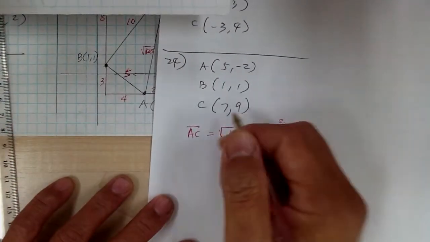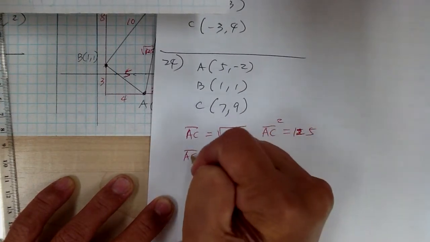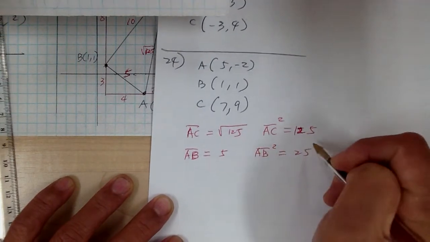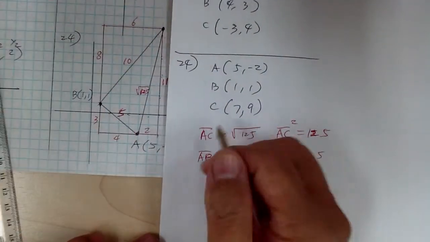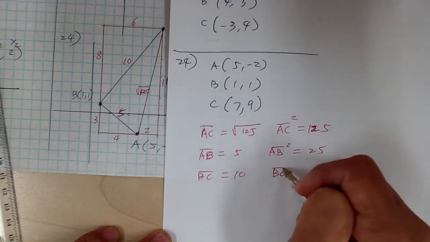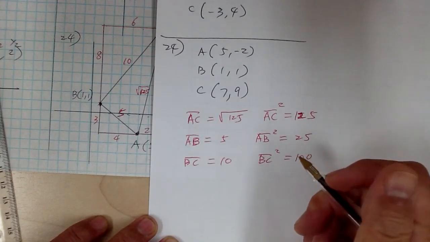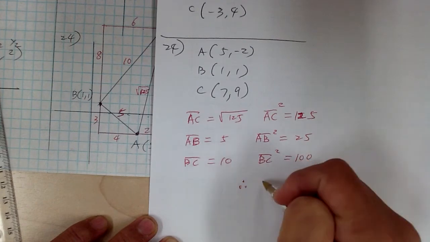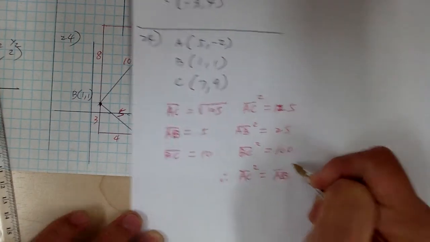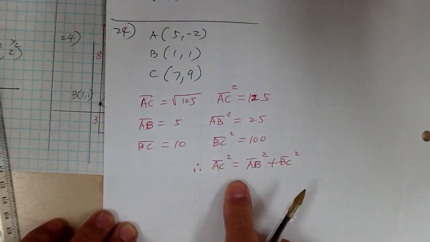And the other two sides: AB equals 5, so AB square equals 25, and over here BC is equal to 10, so BC square equals 100. Therefore, AC square equals AB square plus BC square. And again, that's what you want to show.